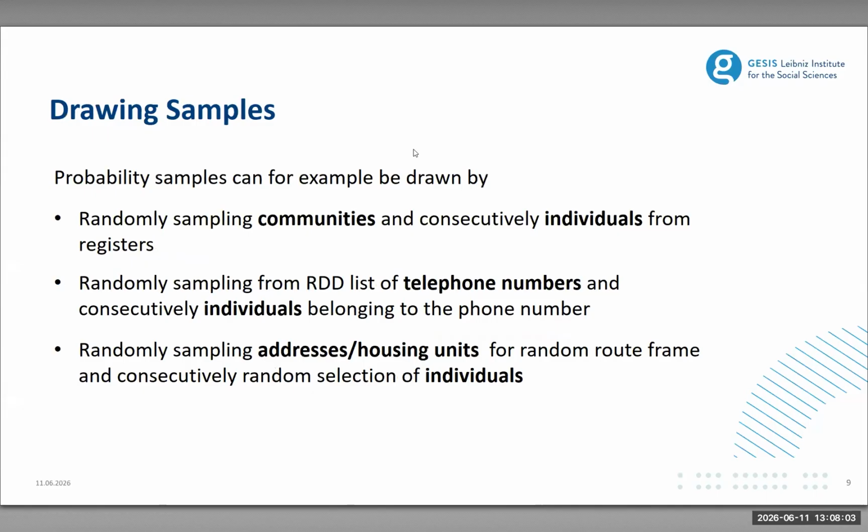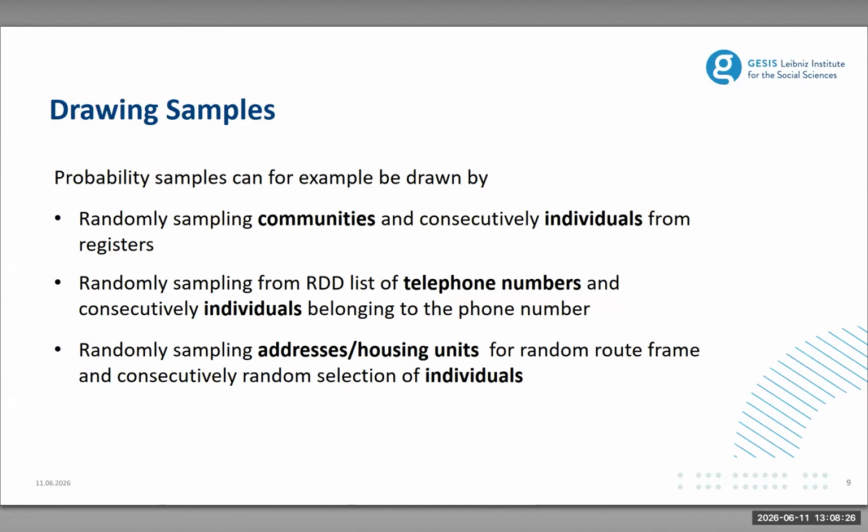How to draw from these sampling frames? As I said, it could be more stages. It could be one stage. If you have the registers, you would first draw communities and then individuals. From the telephone lists, sometimes more than one person can be reached via the same telephone number.